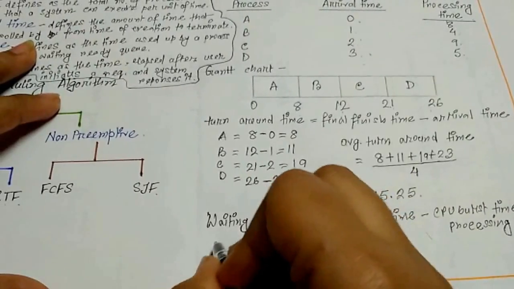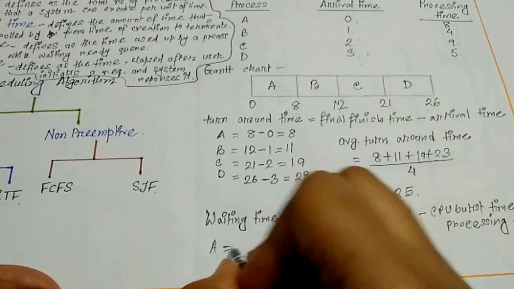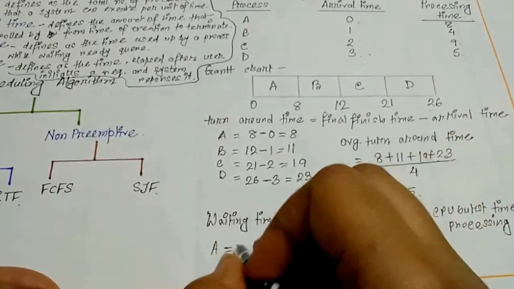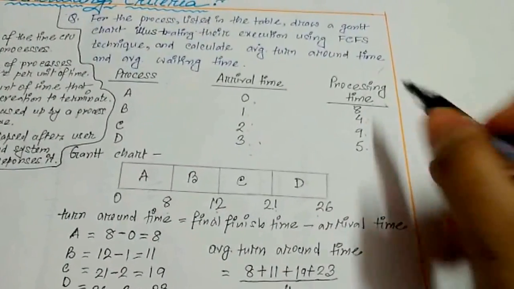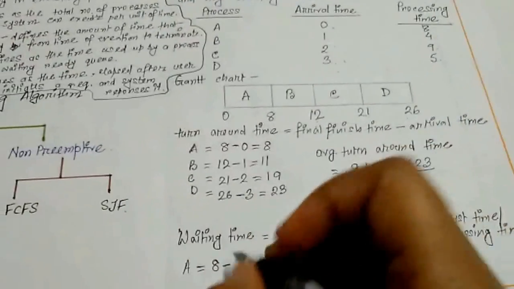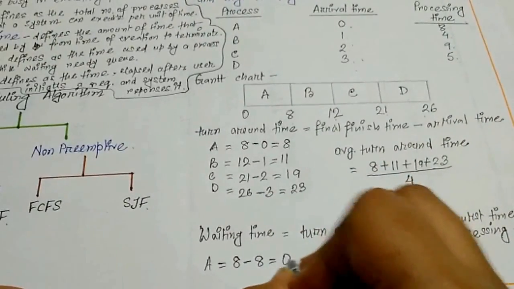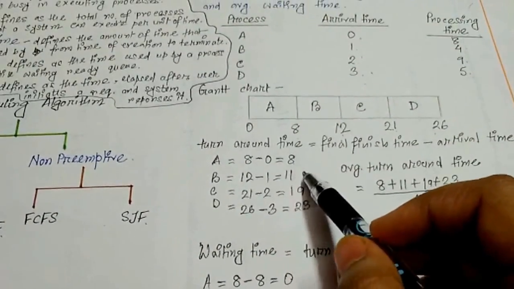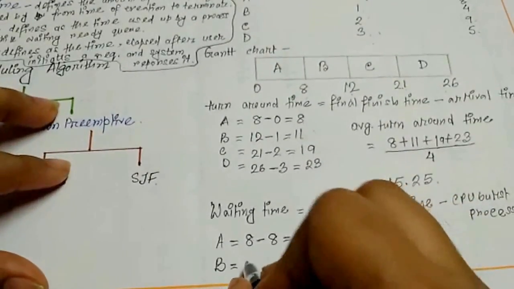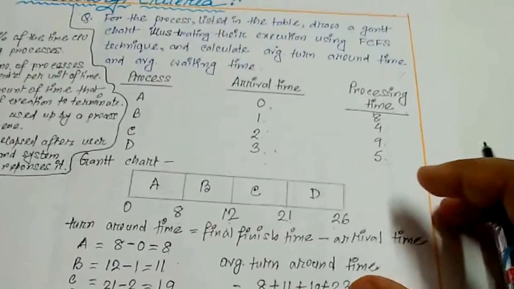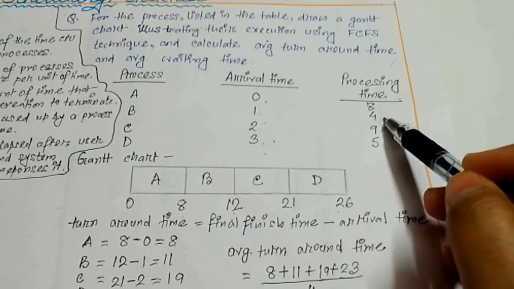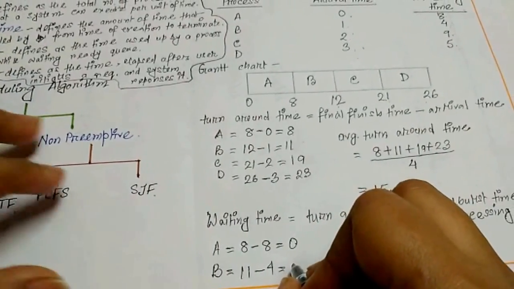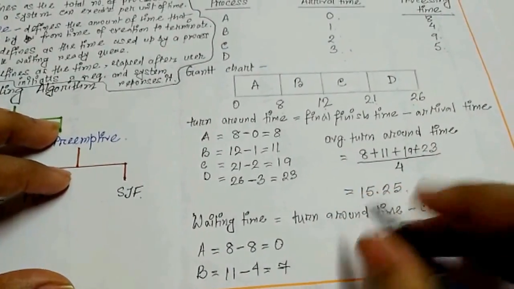So we have to calculate the waiting time of process A. The turnaround time is 8 minus the processing time 8, that is 0. Then comes process B. The turnaround time is 11 minus the processing time 4, which is 7.